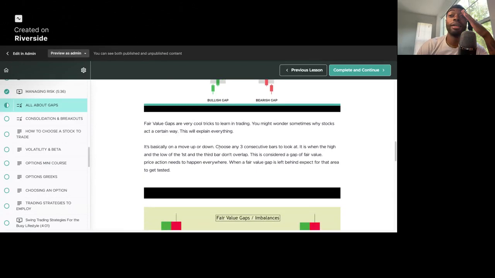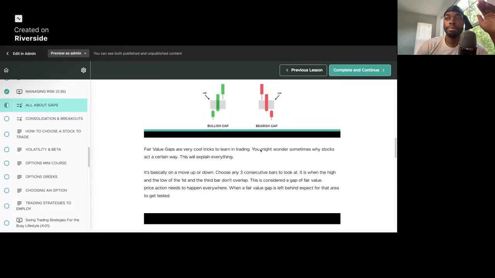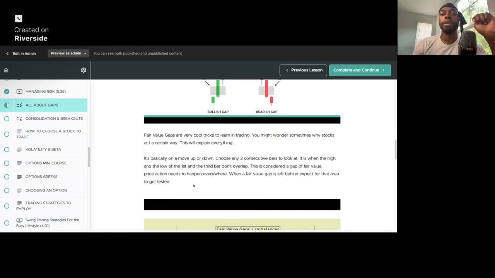It's basically on a move up or down. You choose any 3 consecutive bars to look at, and it's when the high and the low of the first and the third bar do not overlap. So this is considered a fair value gap in price action, and price action needs to happen everywhere, basically. And when a fair value gap is left behind, expect for that area to get tested.